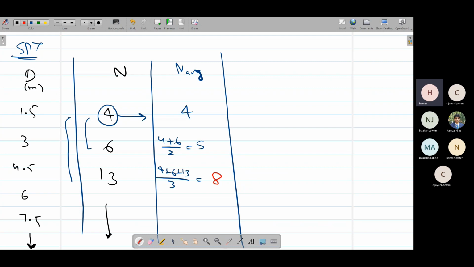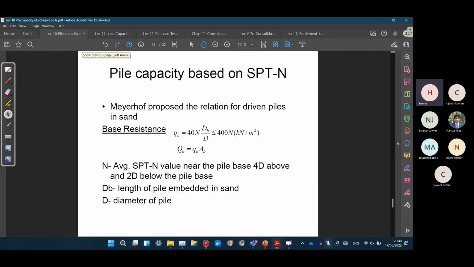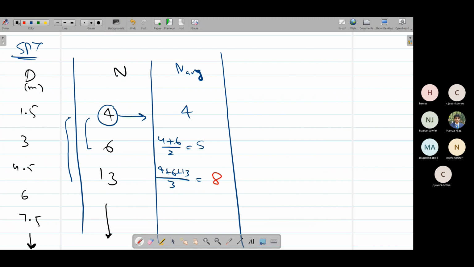First, we have to find these n average values. Then we go to the Fs formula, which is simply 2n. Fs is the shaft friction. Remember, n here is n average, because for shaft friction we use the average value.